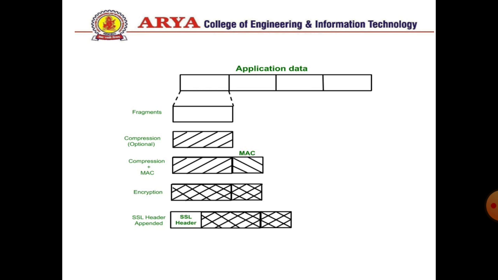For each compressed fragment the MAC is calculated and then this MAC is appended to the compressed fragment. Now this compressed fragment plus the MAC is encrypted using a secret key, meaning we perform symmetric encryption. Now the SSL header is appended.